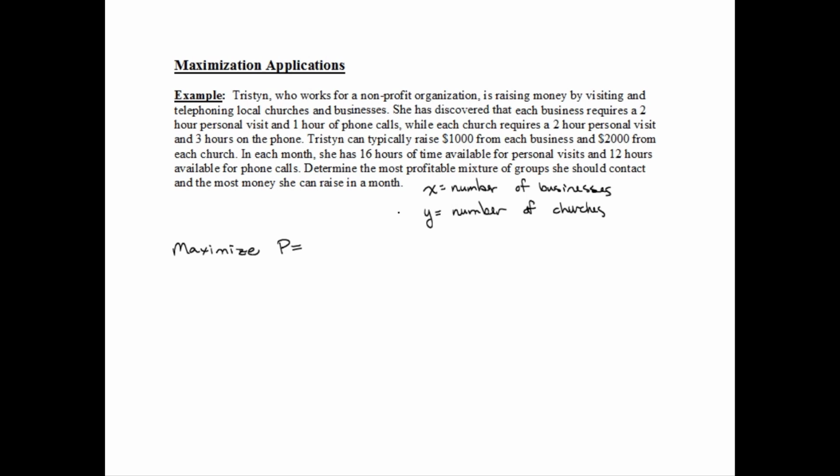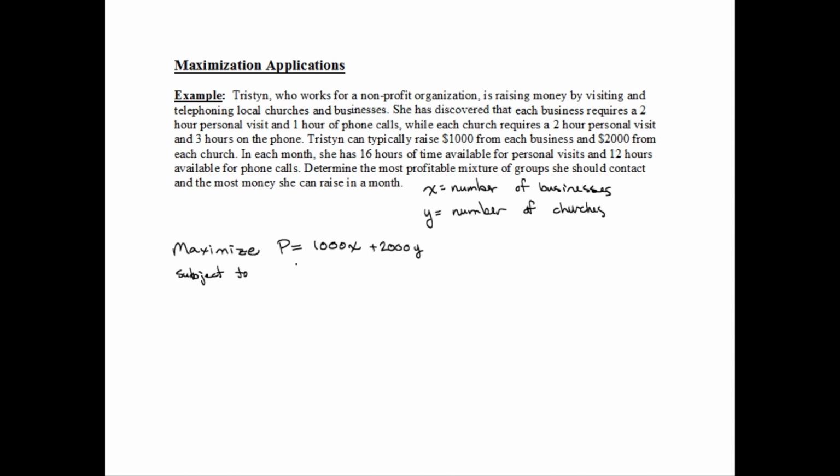So what total amount will she receive from businesses? 1,000 times the number of businesses, so that will be 1,000x. And then we will add to that the total amount of money that we can raise from churches. There's 2,000 for each church. We take that 2,000 and multiply it by the number of churches, so we get 2,000y. So we're going to maximize P equals 1,000x plus 2,000y, subject to our constraints.